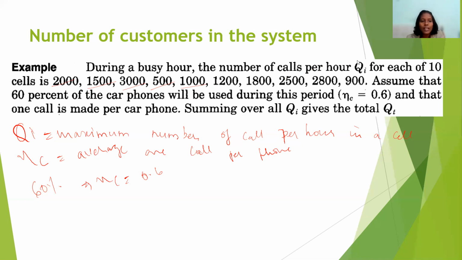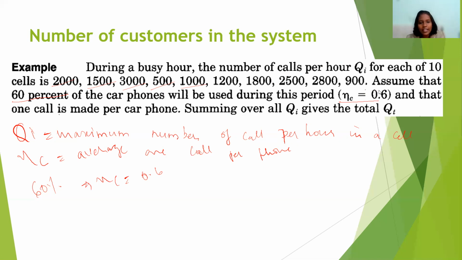Okay, so assume that 60% of the car phones will be used during this period. That means eta is 0.6. Okay, and that one call is made per car phone. So summing over all Qi gives the QT.